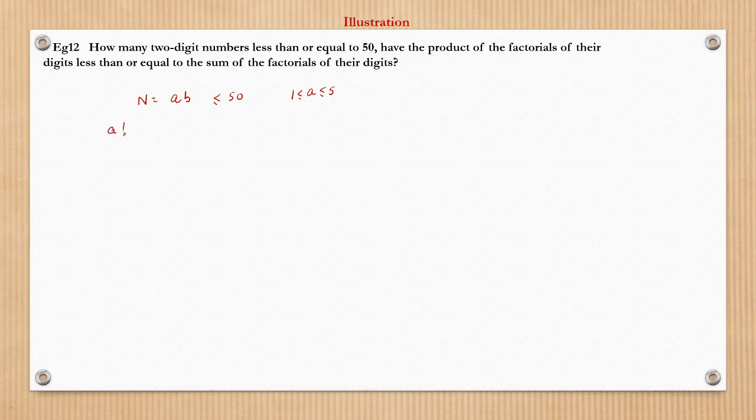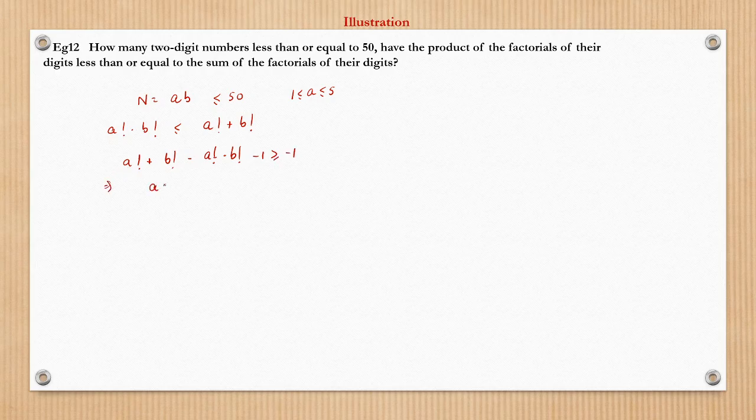Now it is given that a factorial into b factorial is less than or equal to a factorial plus b factorial. This is the same as the last-to-last problem which we saw. So we can write this as a factorial plus b factorial minus a factorial into b factorial is greater than or equal to minus 1.